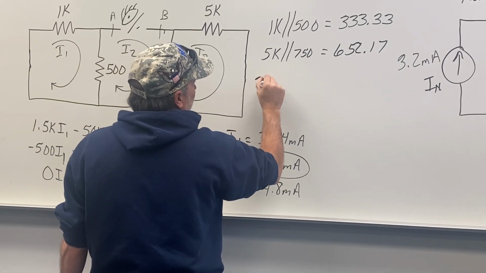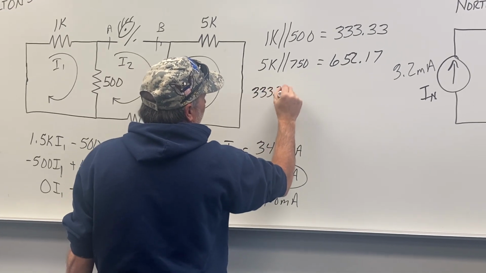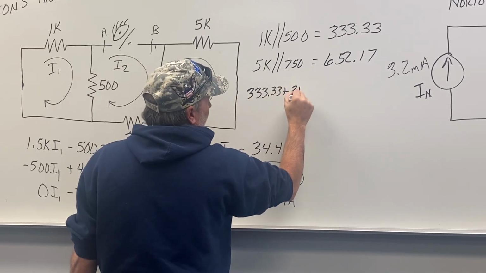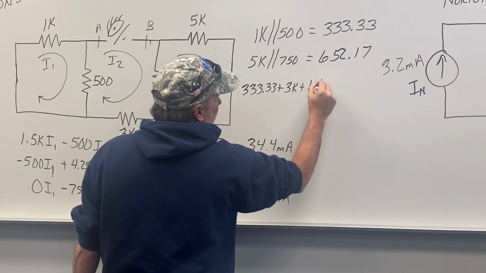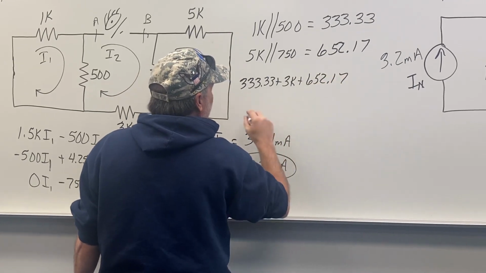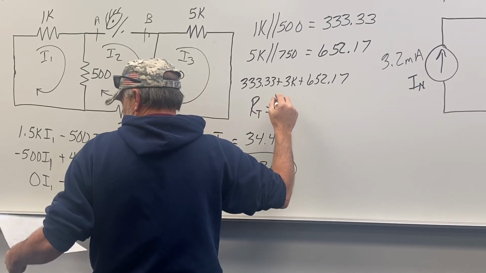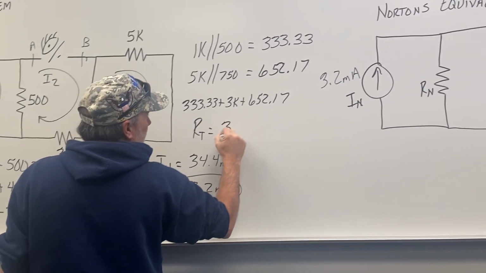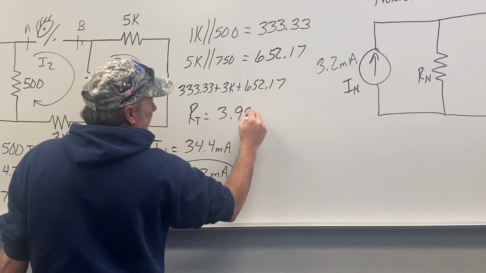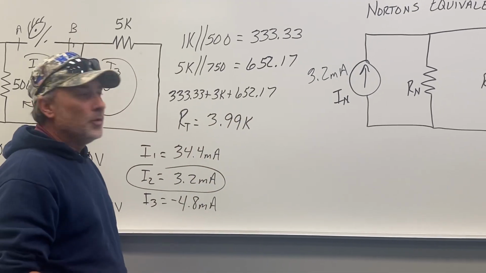So I have 333.33 plus 3K plus the 652.17. So my R total is 3.99K. That's my R Norton.